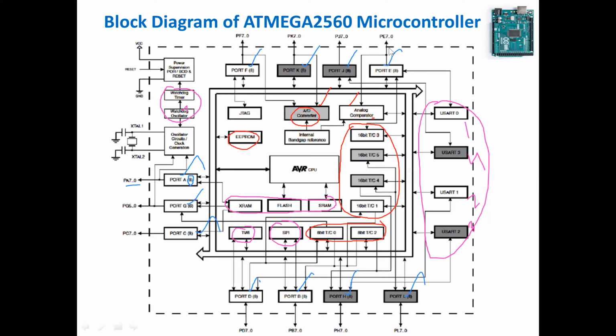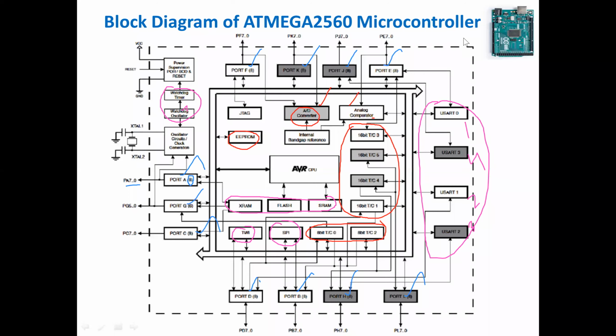So very importantly, you must understand we have more input output ports in the Atmega 2560 microcontroller. So we discussed in this class the features of the Atmega 2560 microcontroller.